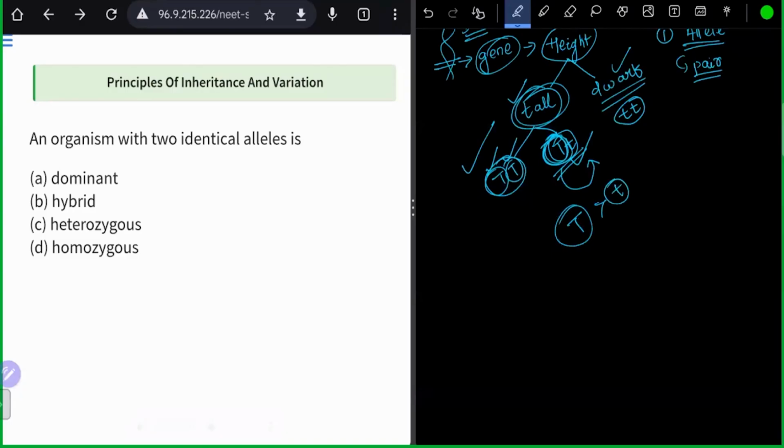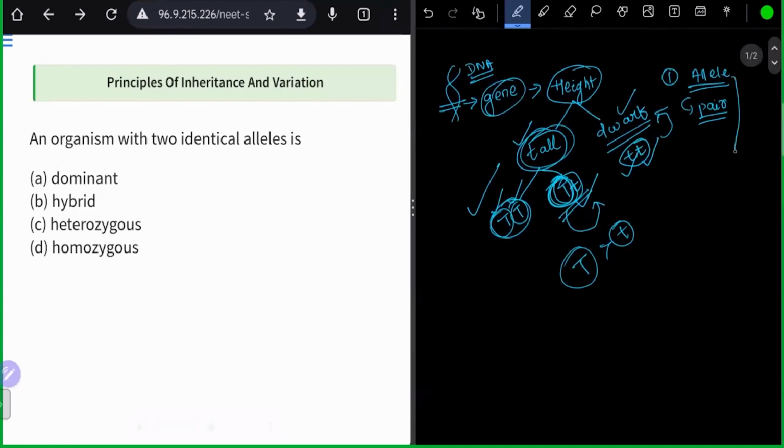The second one is the recessive allele. That means to express the trait, two copies of the allele should be present. Here you can see two copies of small t are present, so the character dwarfness is expressed. So alleles are always present in pairs.